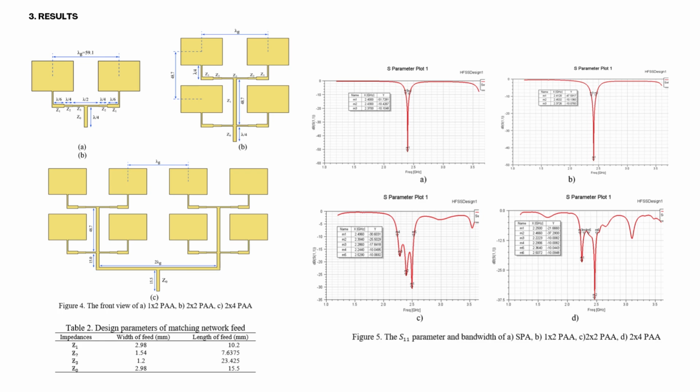In the 8-element PAA, there are also multiple resonant frequencies, as illustrated in Figure 5D, where S11 reaches minus 37.3 dB, and there are two resonant frequencies. The bandwidth covers a total of 208 megahertz. We have compared these results with other works and realized that the values of bandwidth, S11 parameter, and VSWR are very good, which shows an ideal impedance matching.